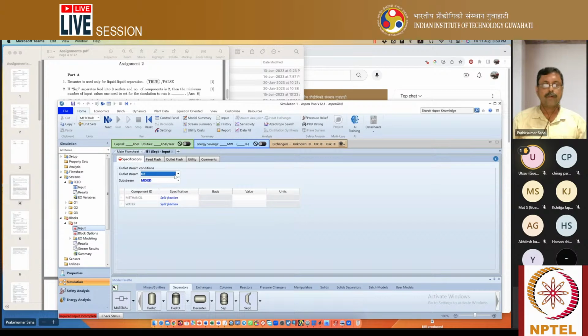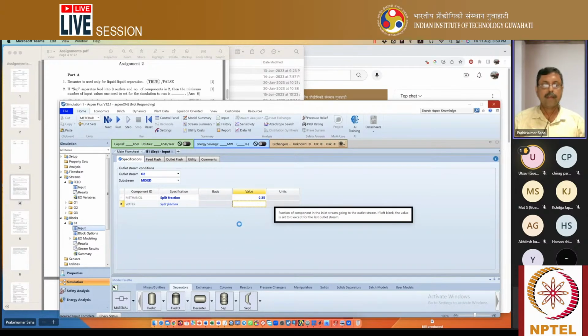So step 1, give a split fraction of 0.2. Give a split fraction for O2 as 0.35. Okay. So now the entire thing is done.